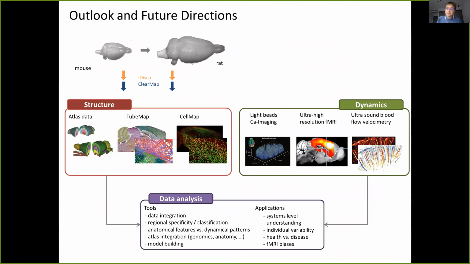For future directions, we are now scaling up our methods. We would like to go to rat brains, and then, going beyond structural mappings, we would like to go back and add dynamics. For example, in the case of the vasculature, we would like to look at whether there are certain specific dynamical patterns that are related to vasculature features. Or, I told you fMRI signals are based on blood flow or changes in blood oxygen.